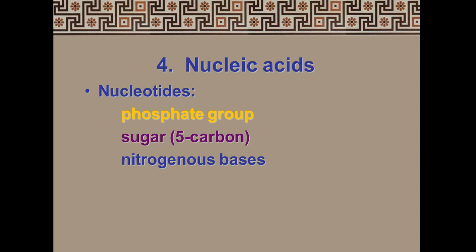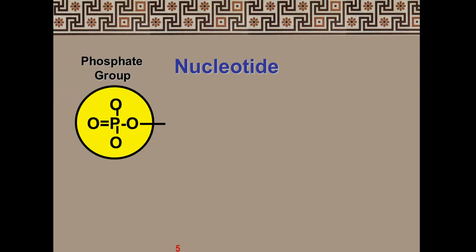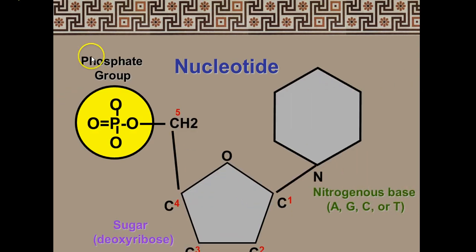Okay, and one thing that you need to learn now is what is a nucleotide made up of, and again, that's the monomer of the nucleic acid, and it's made up of three components: a phosphate group, a sugar, and a nitrogen base. And here we have our phosphate group, our sugar, and our nitrogen base, and this is the structure of a nucleotide. This is the monomer, or the building block, for the long strands of DNA and RNA.